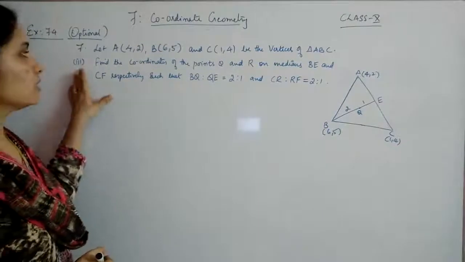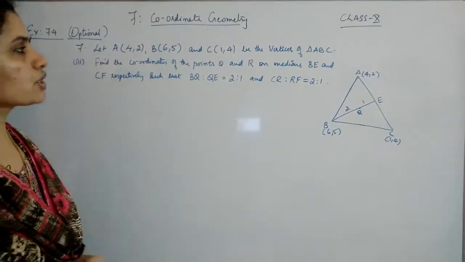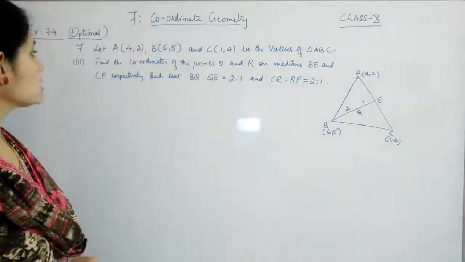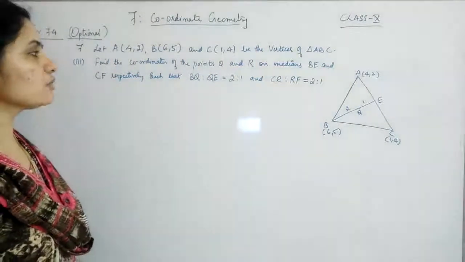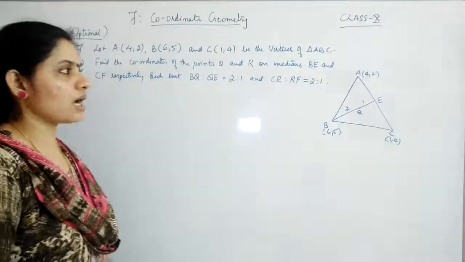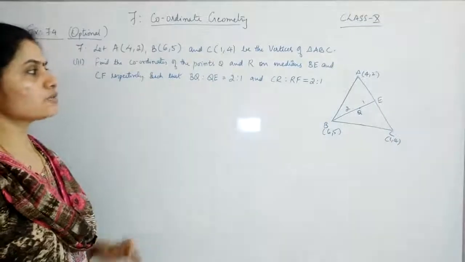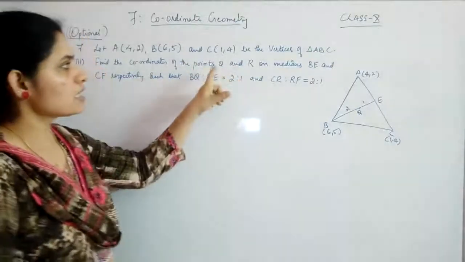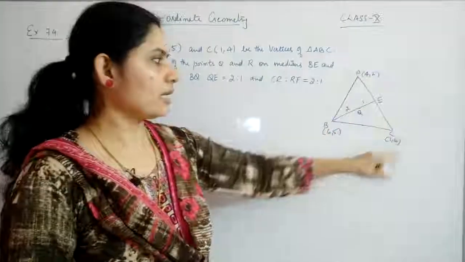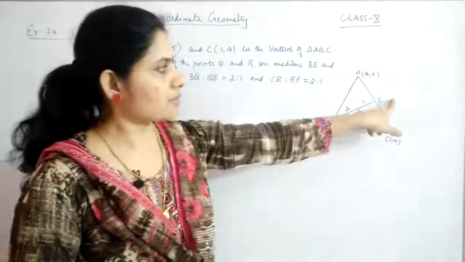Third subdivision is, find the coordinates of the points Q and R on medians BE and CF respectively such that BQ is to QE is equal to 2:1 and CR is to RF is equal to 2:1. So we are just separating this into two cases. First I am taking only BE as the median on AC, so that E will act as the midpoint of AC.